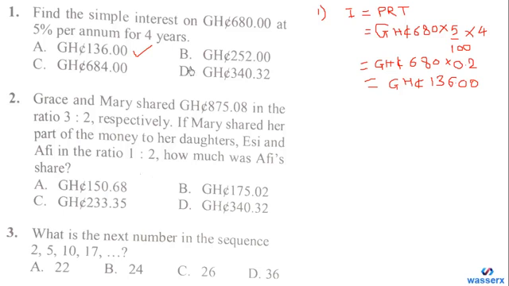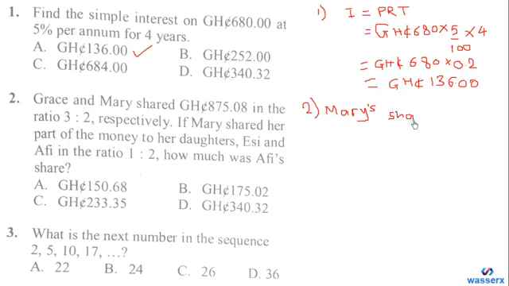We will use the first ratio given to calculate Mary's share. So the ratio was given as 3:2, so we have to use the ratio that corresponds to Mary.